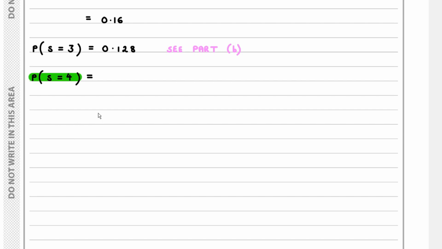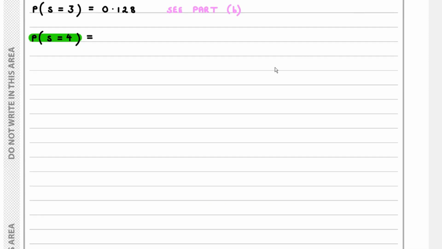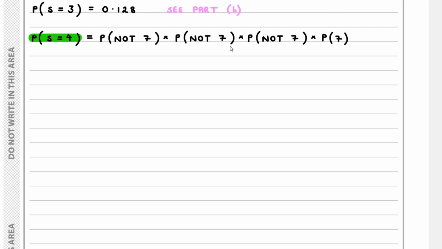Now, the probability that S equals 4. Remember in the question, we spin the spinner repeatedly until we get a 7 or we've taken 4 spins. So we could have not getting a 7 in the first spin, not getting a 7 in the second spin, not getting a 7 in the third spin, but getting a 7 in the fourth spin, then we stop.